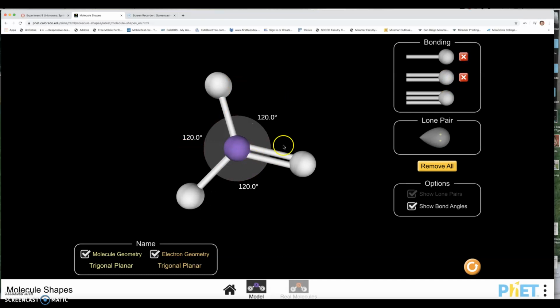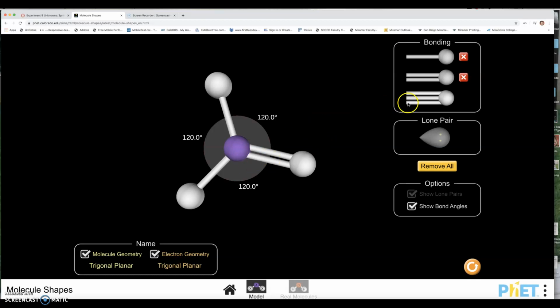It's still always going to give me that 120 trigonal planar electron geometry and trigonal planar molecular geometry. And we're not going to add more than a double. We couldn't have three doubles for this particular lab just because we're not expanding the octet here, although that is a possibility in other courses.